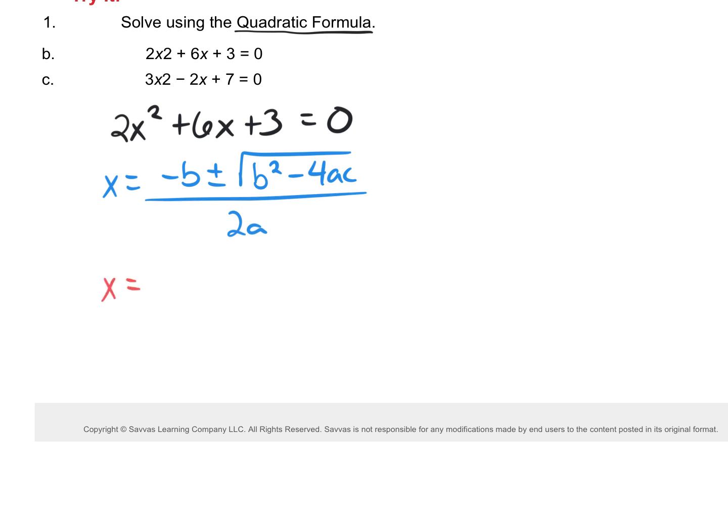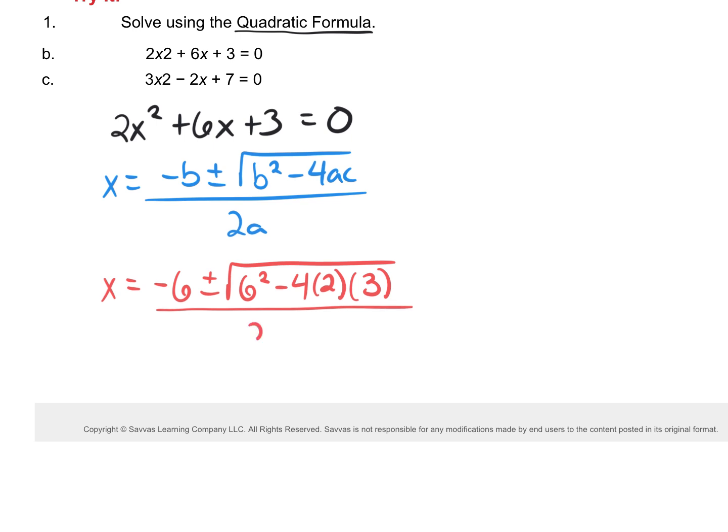What is my b value? 6. So negative 6 plus or minus the square root of 6 squared minus 4. What's a? 2. Just the number, remember. And then what's c? 3.